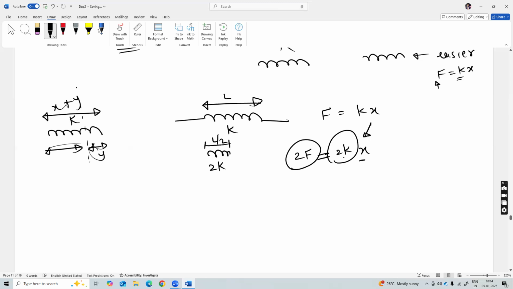Then the spring constant of this side will become k into x plus y by x, and for this side it will be k into x plus y upon y.